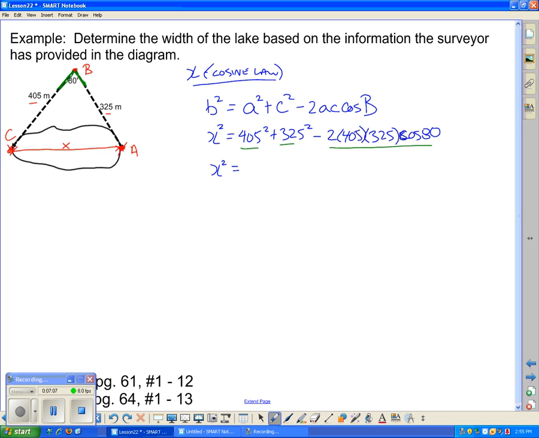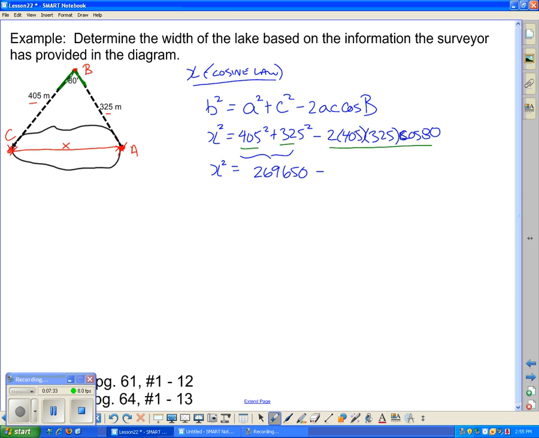So if you're entering it all in the calculator at once, make sure it's entered appropriately. So 405 squared plus 325 squared, those two together give me 269,650. So just an intermediate check for you. Make sure you're entering it right, or if you're having problems, you find your mistake.